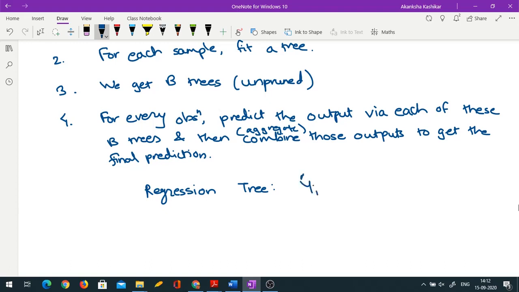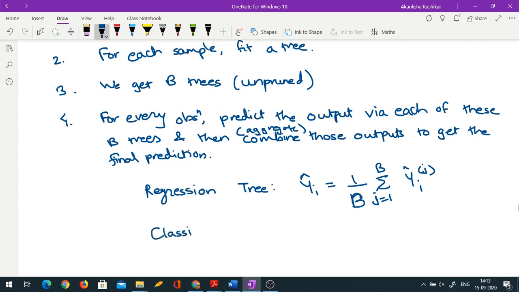So your yi hat prediction for the ith observation would be 1 upon capital B, sum over j going from 1 to capital B, yi hat from the jth tree. If yi hat j is the prediction from the jth tree for the ith observation, then the average over all predictions would be the final prediction. This is in the case of a regression tree.